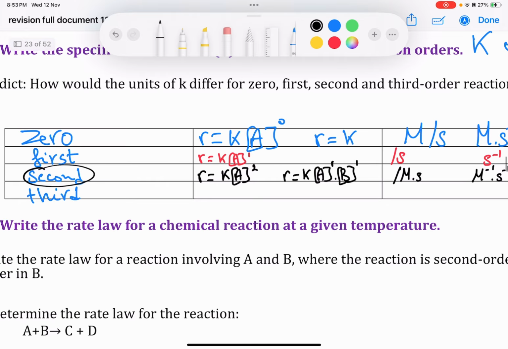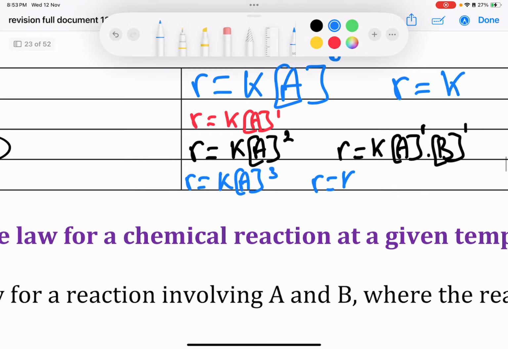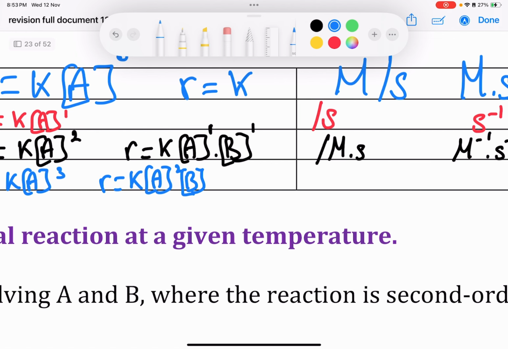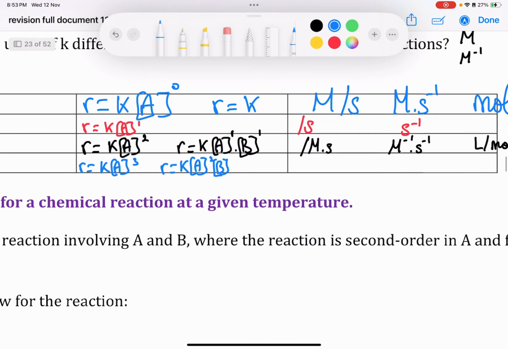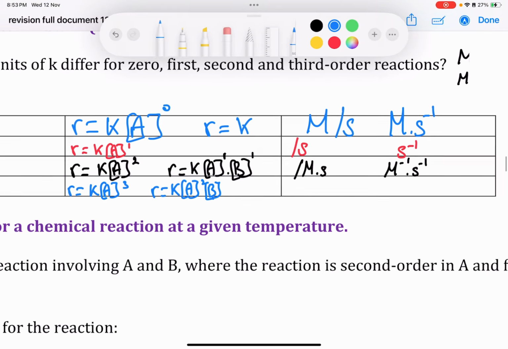Now if I have a third order reaction, how will the formula look like? The rate equals K times A to the power of 3, or maybe rate equals K, A to the power of 2 and B to the power of 1. Or maybe I have 3 reactants A, B, C, each to the power of 1. So as long as the total sum of the orders or the powers is equal to 3, the overall order is third order.